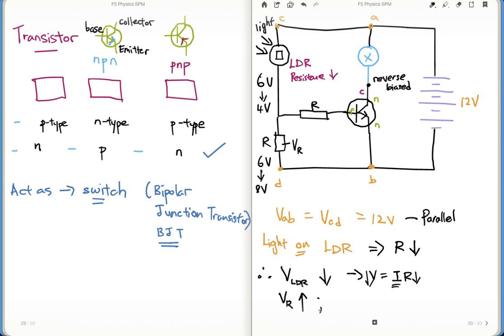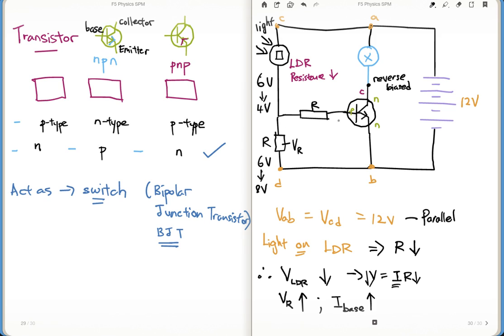If voltage across the resistor increases, the current over the base of the transistor increases. Because now it's being united here. So the current would increase.